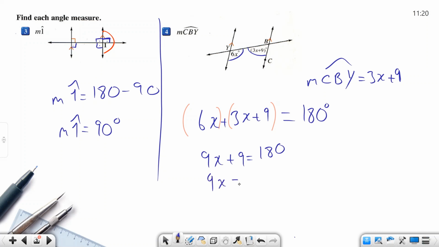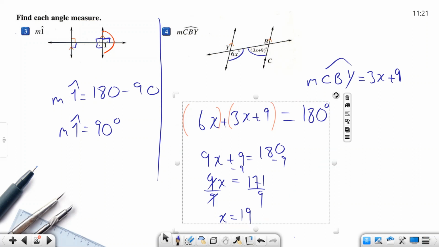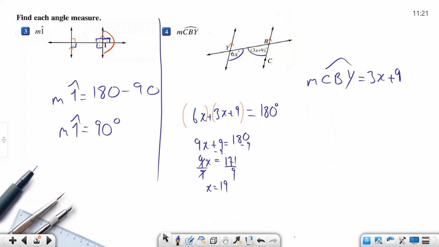So 9x equals, let's subtract 9, 171 degrees. 171 divided by 9, so x equals 19. So we found x, but the question is not about x again. The question is about an angle. Which angle? Angle CBY.